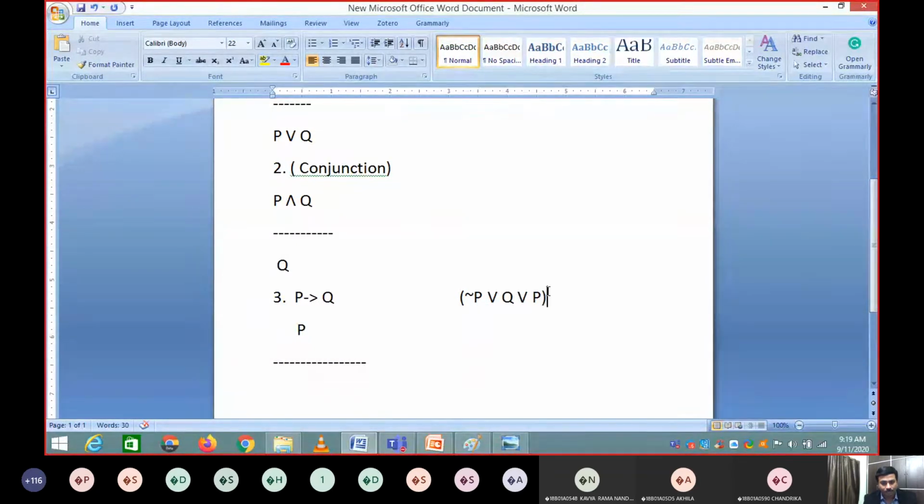See, P and negation of P is true. So what is the inference that you can get from these both statements?